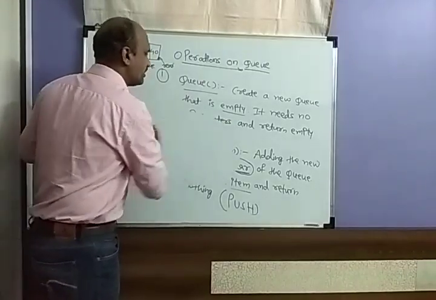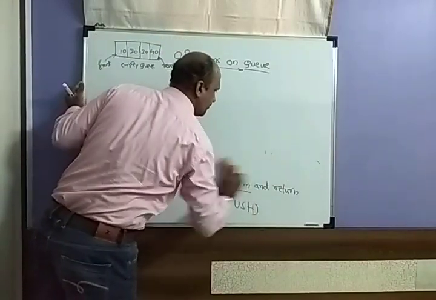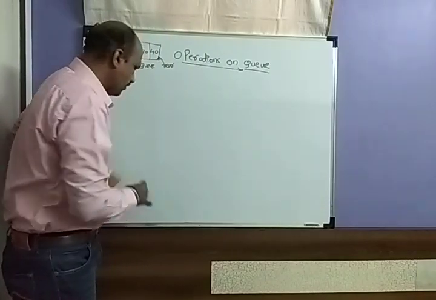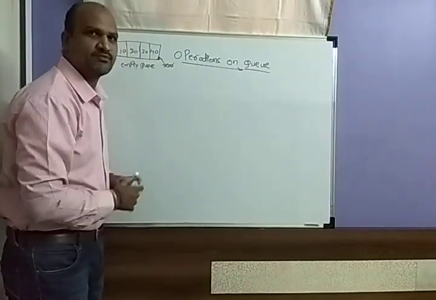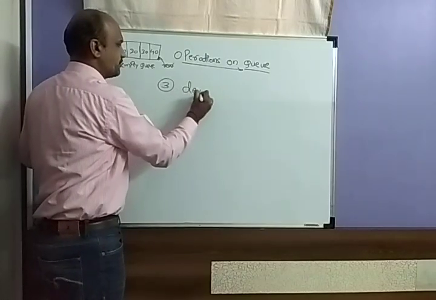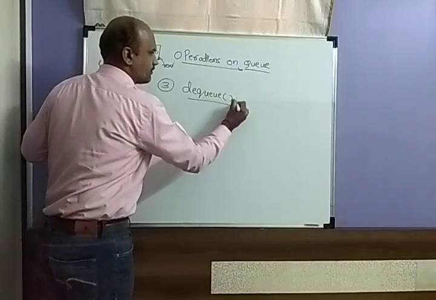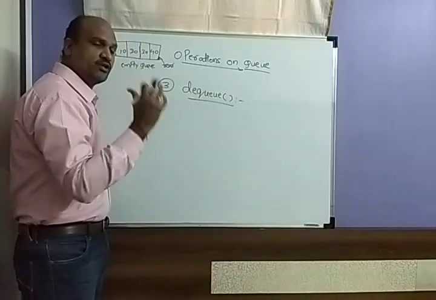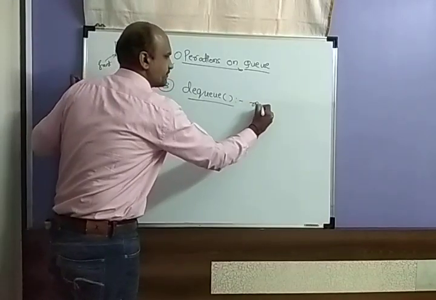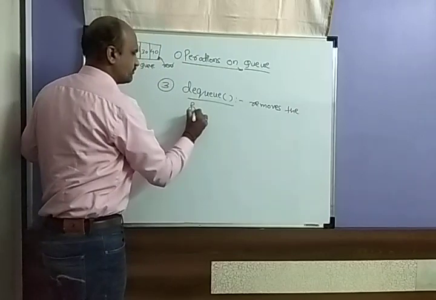And the third operation is DQ. As I told you, DQ is for deletion. So what will it do here? It removes the front item.